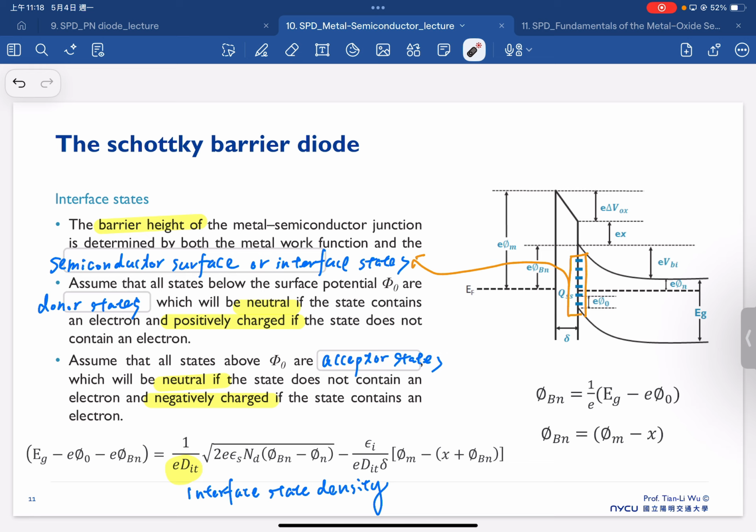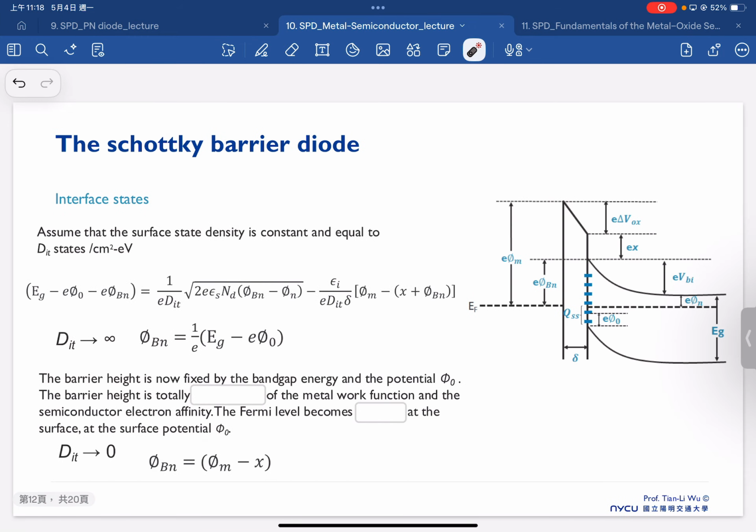So let's look at some practical situations. The first one is if we get a really poor interface, a very poor interface quality, then we will have a very large DIT value.